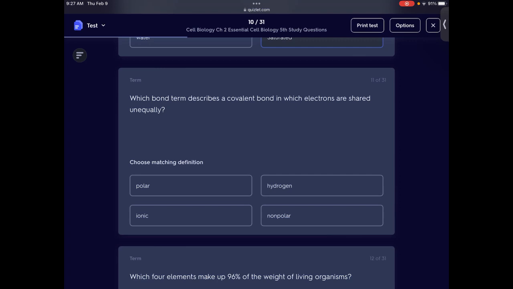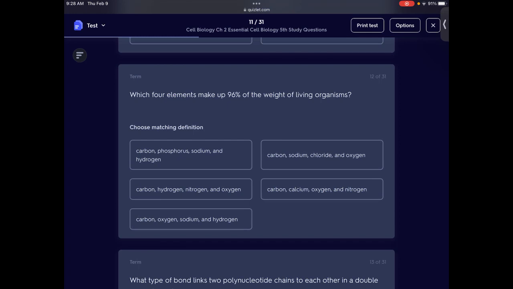Which bond term describes a covalent bond in which electrons are shared unequally? Polar or ionic? I think it's polar. Which four elements make up 96% of weight of living organisms?